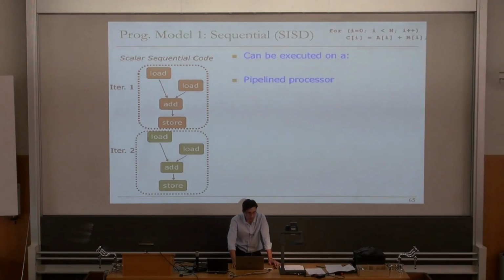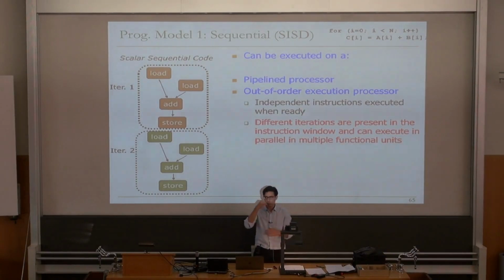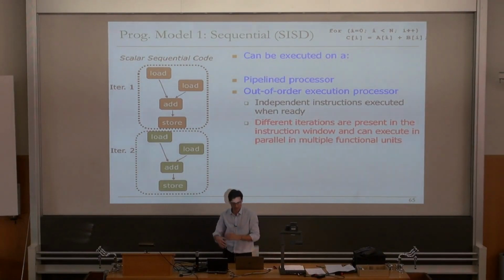We can execute this on a pipelined processor. You're already familiar with pipelining. We can execute this on an out-of-order execution processor that allows us to exploit instruction level parallelism more by having some instruction window where we can have different instructions executing at the same time.